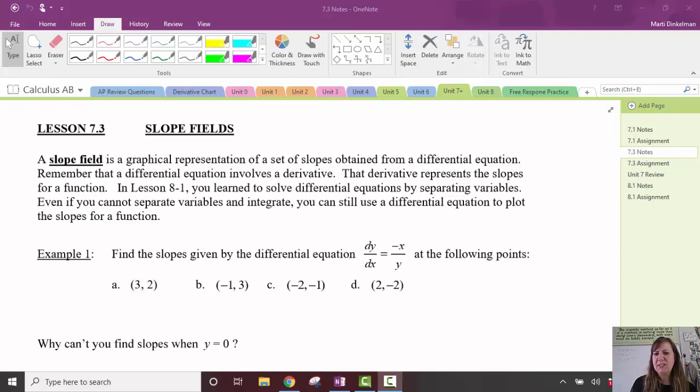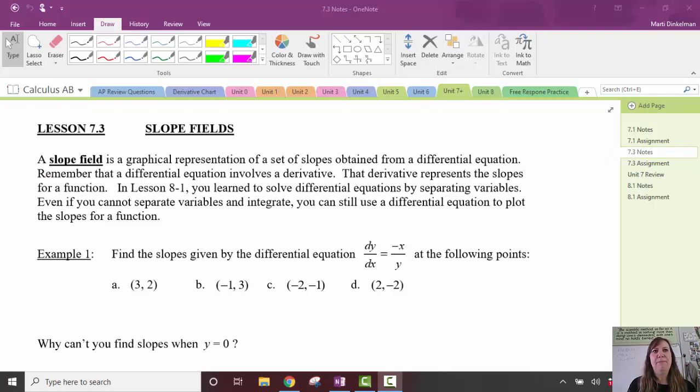So we're just going to draw some tiny little line segments that have a particular slope on our picture. I imagine these like a map from above a mountain, where you can see which direction the slopes are going, with little tiny line segments, and sometimes they have little arrows on them as well.